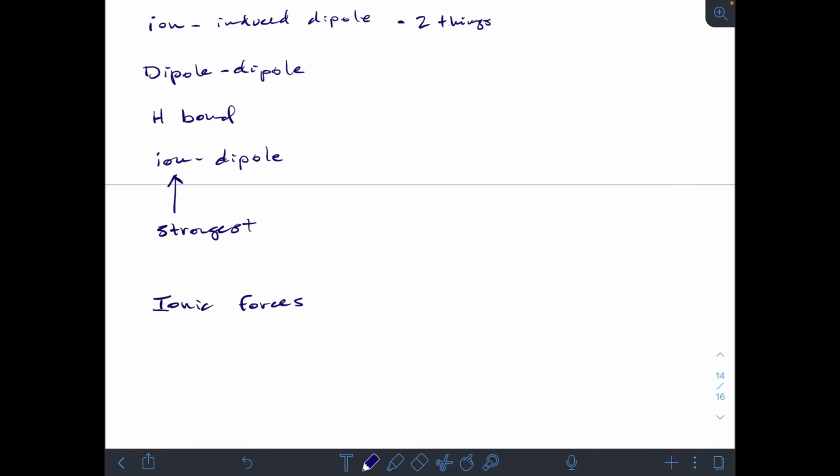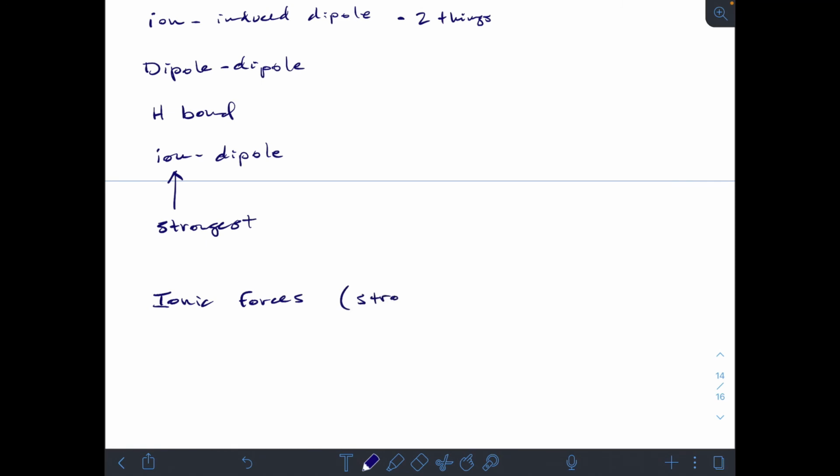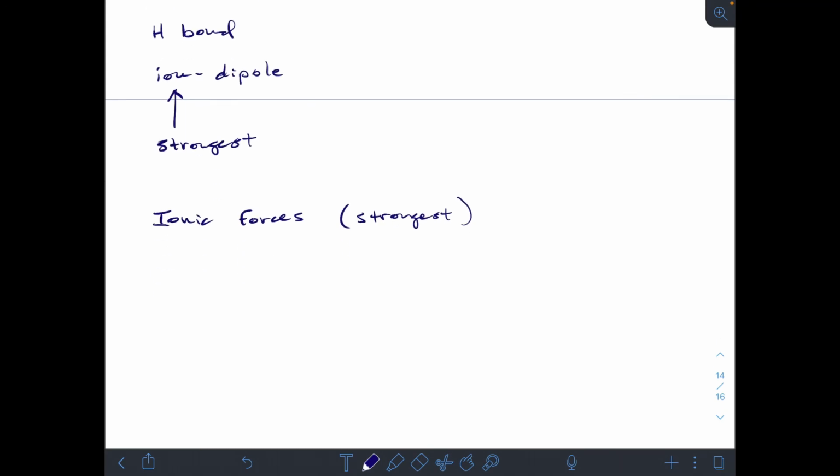Technically they are the strongest of all. But they're sort of separate because we're not talking about interactions between molecules, we're talking about interactions between atoms. So technically we could call ionic forces intramolecular, because we're not talking about interactions between molecules.